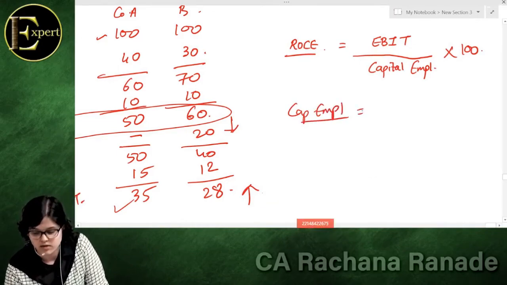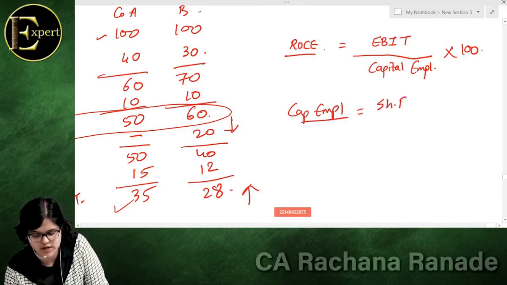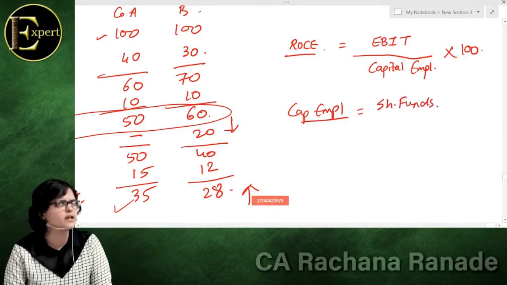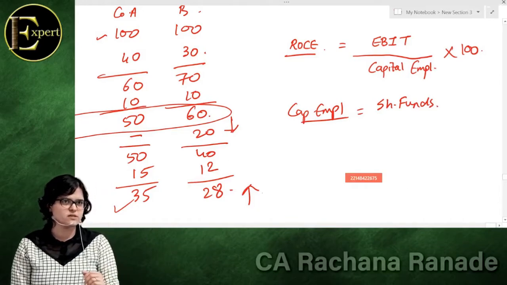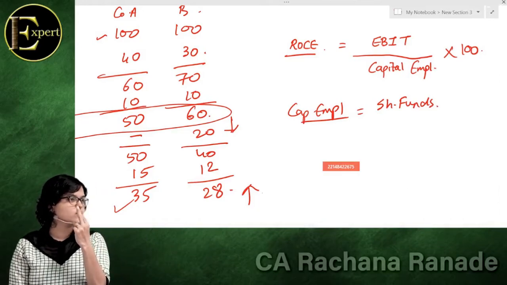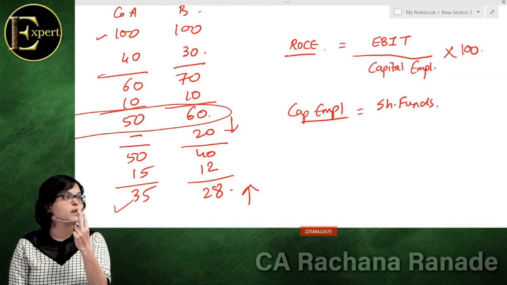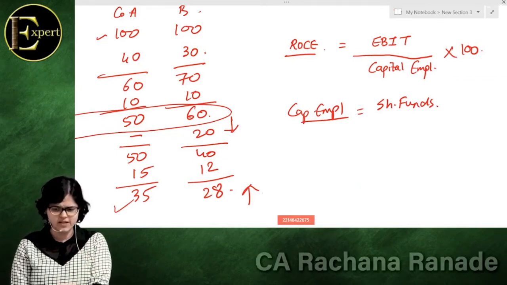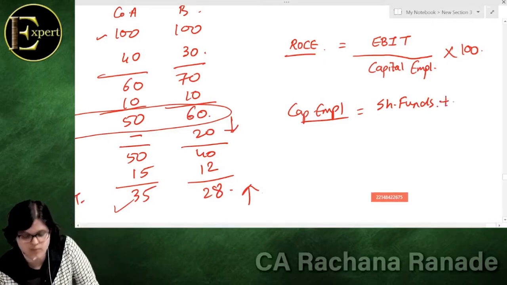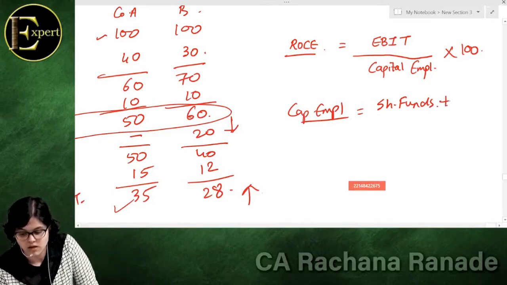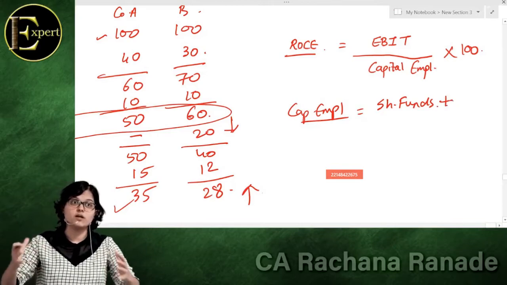So can I say shareholders funds? How did we calculate shareholders funds? It's given in the balance sheet, but shareholders funds includes majorly 2 things: your equity capital plus your reserves and surplus. And plus what do we add for capital employed? So we add long-term debt, the main loan that we have taken.